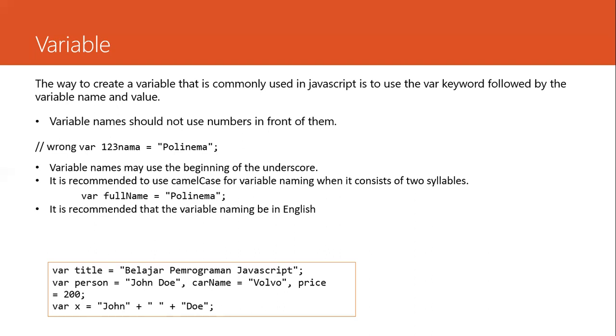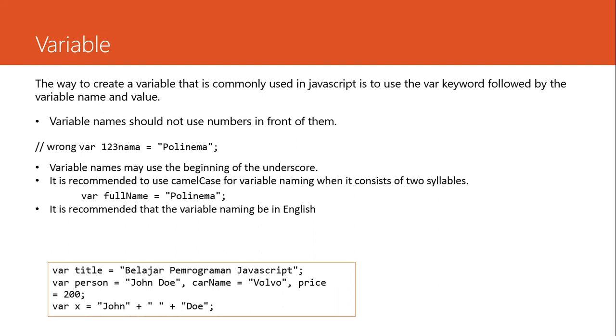So you can put the underscore before the name of the variable or the word. And it's recommended to use camel case for naming a variable when it consists of two syllables. For example, I have fullName.